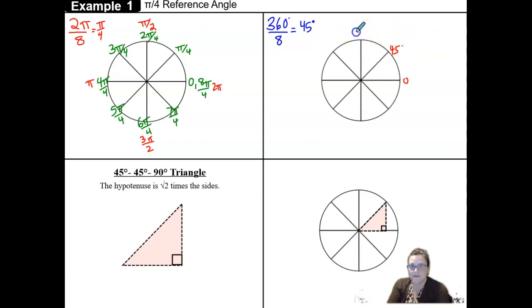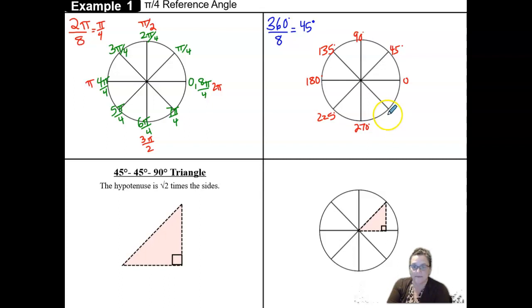Then 2 times 45 is 90 degrees. 3 times 45 is 135 degrees. Then 4 times 45 is 180 degrees. 5 times 45 is 225 degrees. 6 times 45 is 270.